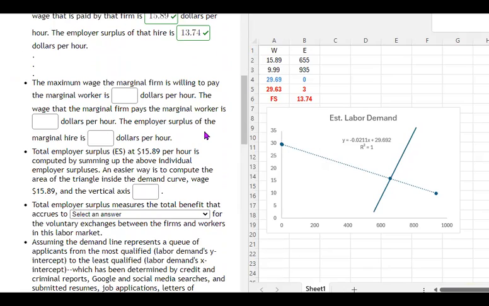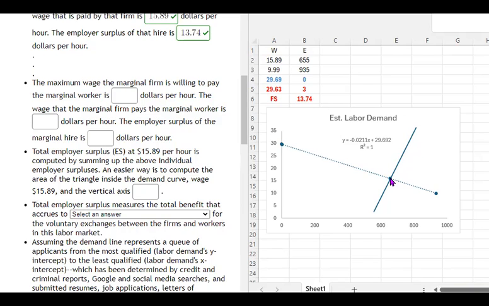Now, the maximum wage the marginal firm is willing to pay the marginal worker is what? Well, the marginal firm and the marginal worker exchange a wage for labor services at the equilibrium. So the marginal firm is the firm that hires this last worker, and the last worker hired is the marginal worker.